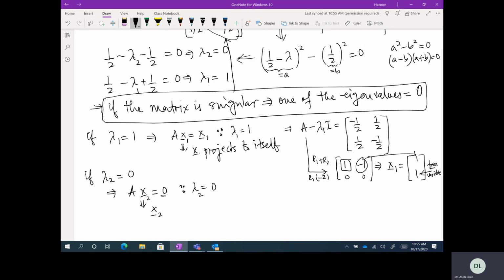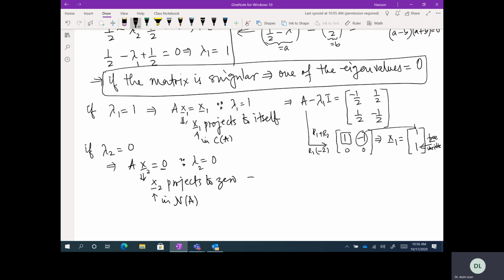So maybe x2 projects to 0. So where is this x1? This x1 is in the column space of A. And where is this x2? This is in the null space of A. So what is the dimension here? Which I'll do in a little while.